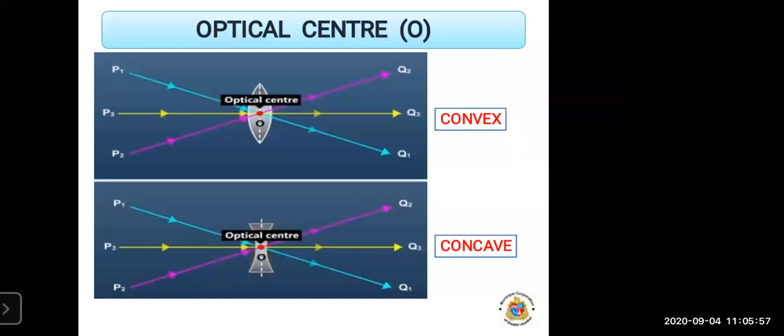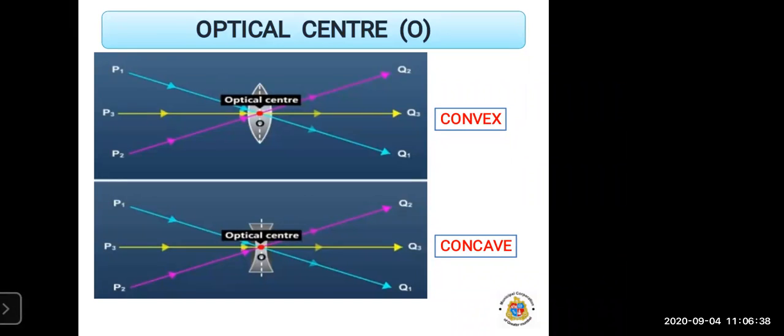The refracted rays are Q1, Q2 and Q3. But when the light passes through the optical center of the lens, it does not change its direction. Okay, so remember, the center of the lens on the principal axis is nothing but the optical center, and it is denoted by O.